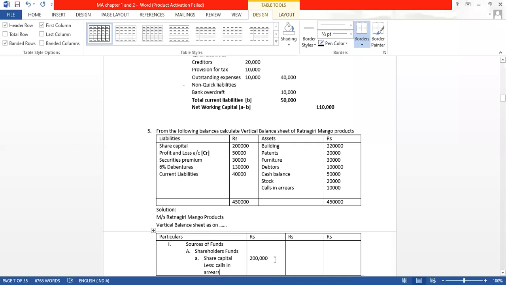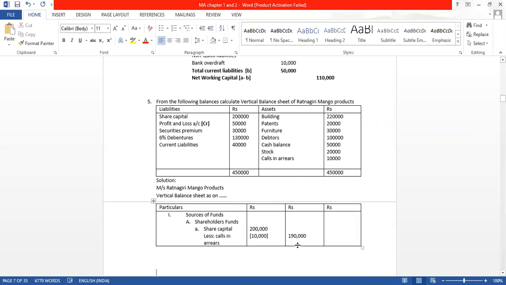What is the amount which is not paid on shares? It is 10,000. So how much will come in the outer column? 1,90,000.